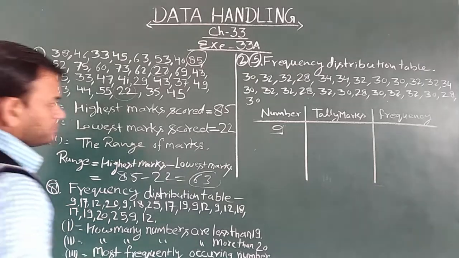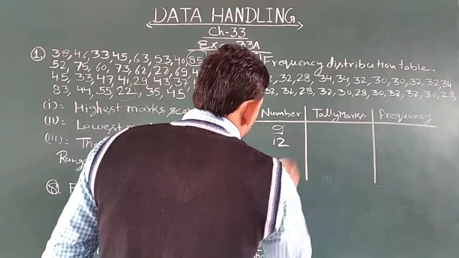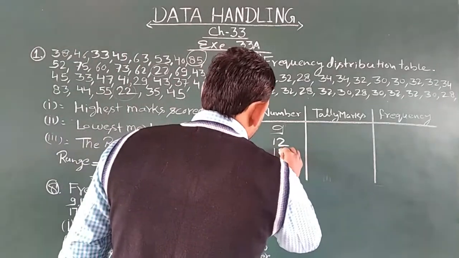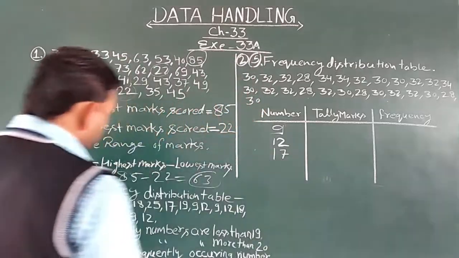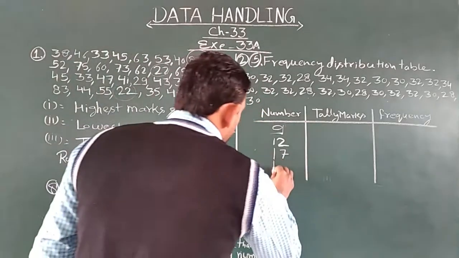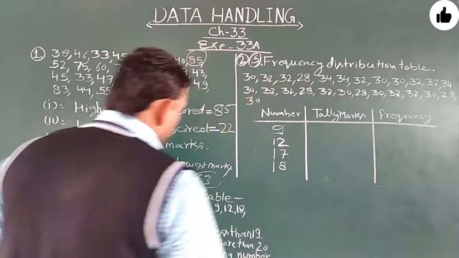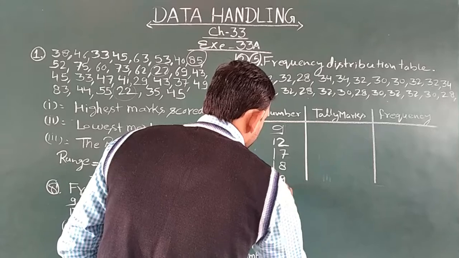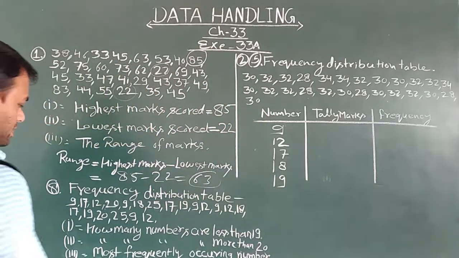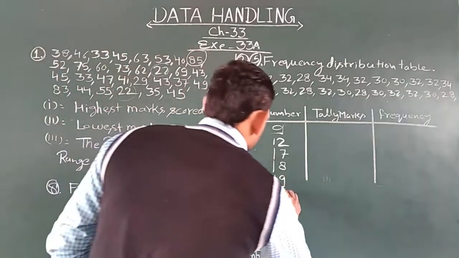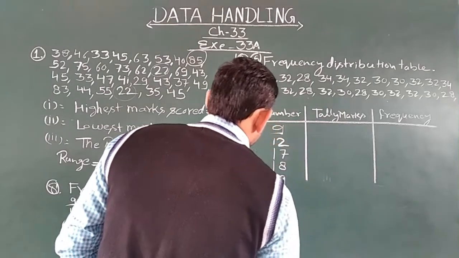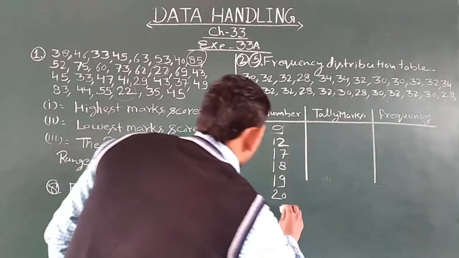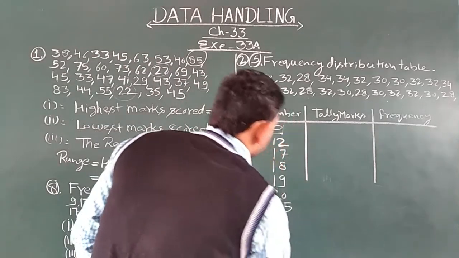Which number is given after 9? 12, and after 12, 17, and after 17, 18, and after 18, 19, and after 19, 20, and at last 25.